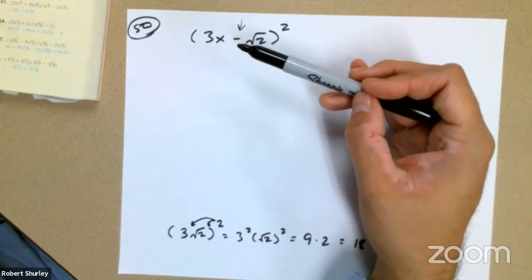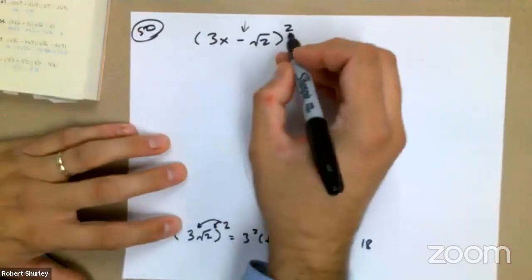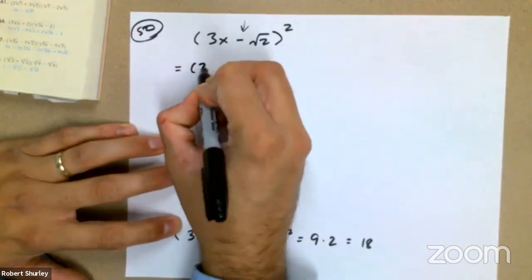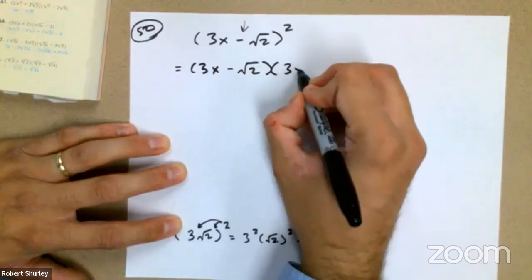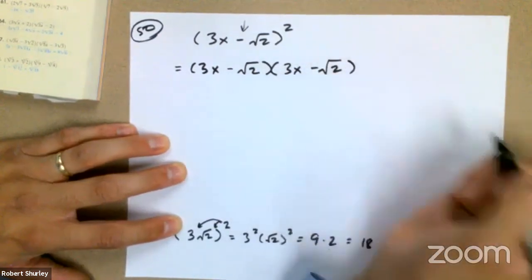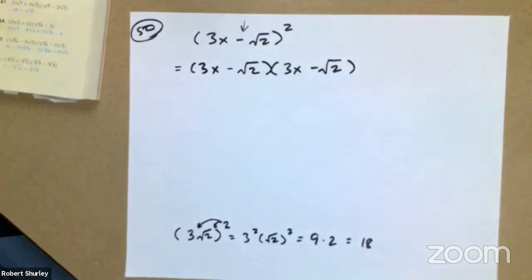That's the rule. So what we have to do is we actually have to lay it out with the multiplication. So this has to become 3x minus the square root of 2 times 3x minus the square root of 2. And then you just FOIL it out. Okay, so do that. FOIL it out from here and see what you get.